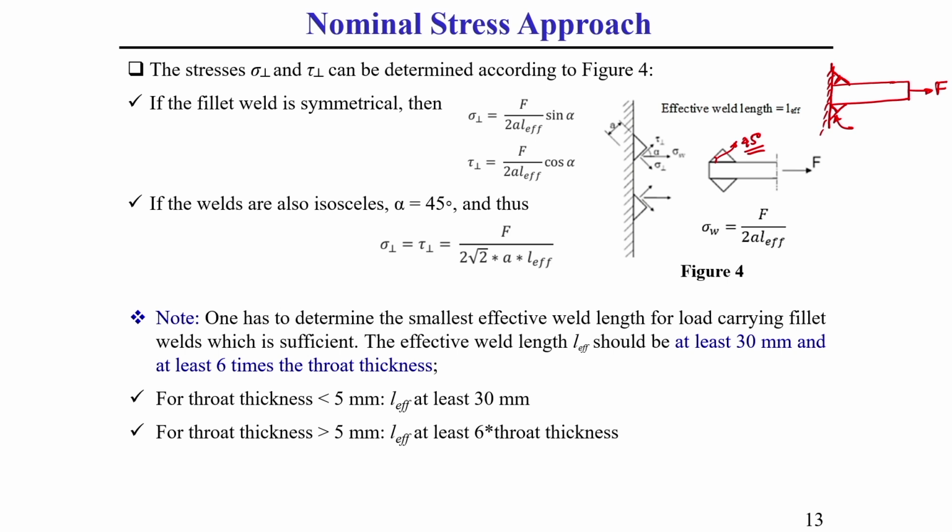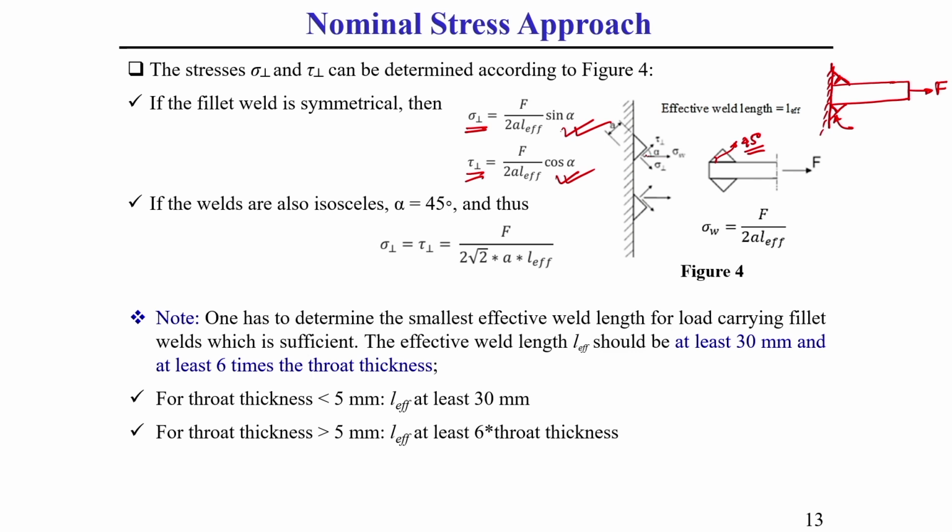So, here the normal component of the stress we can calculate as F divided by this, and for the tau component we can use F divided by 2 into A L effective. For these types of weld joints, I am going to show how to calculate the normal stress and the shear stress component.